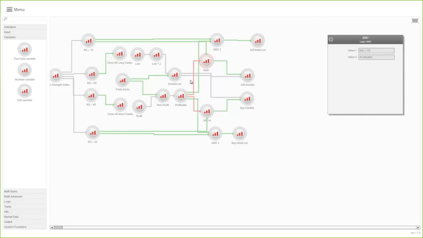And if the trade was not profitable, this is where we check if the previous profit was greater or equal to 0. So if the trade was not profitable, then we sell the double lots, and we just use this calculated value, and whichever was our previous lot, we simply double it every time. So this is the basic implementation of Martingale inside the FxPro Quant.